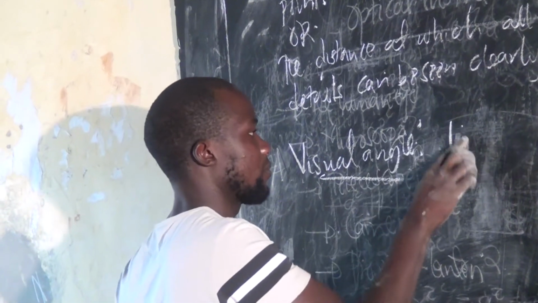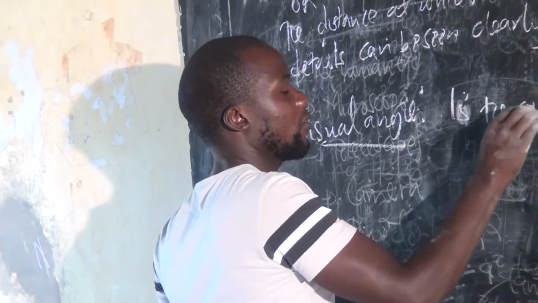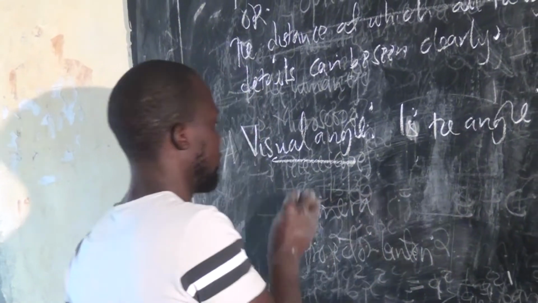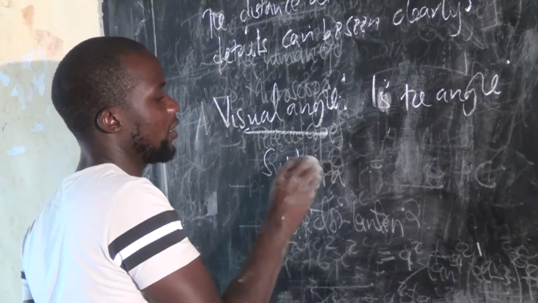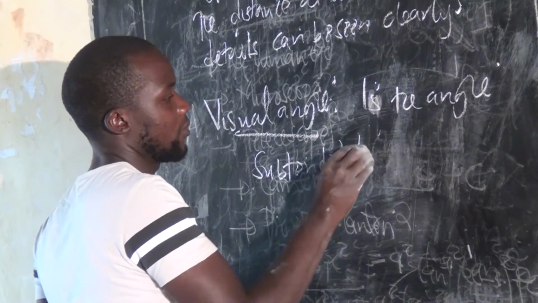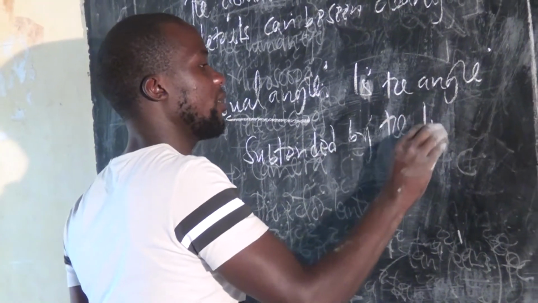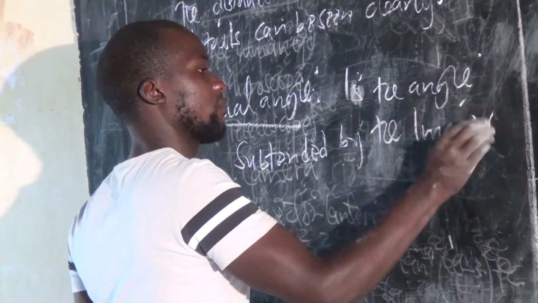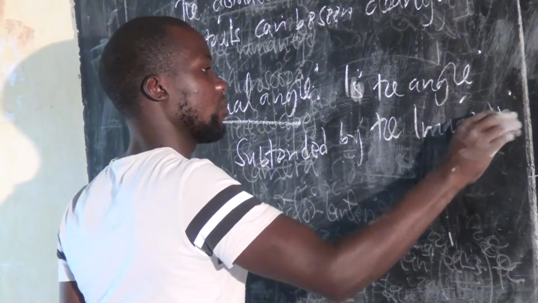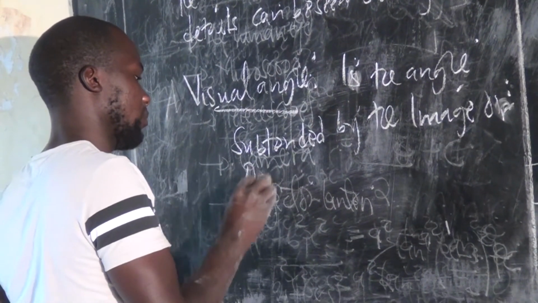And the visual angle is the angle subtended by the image or object.